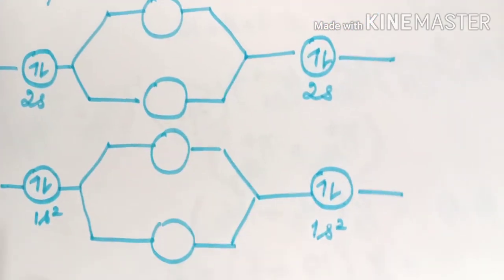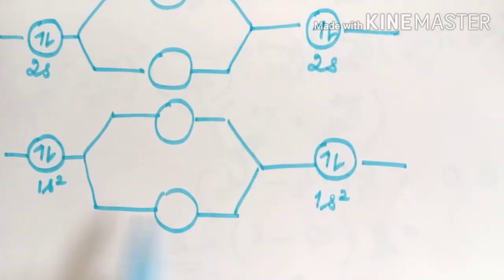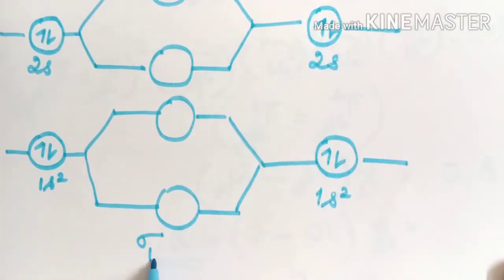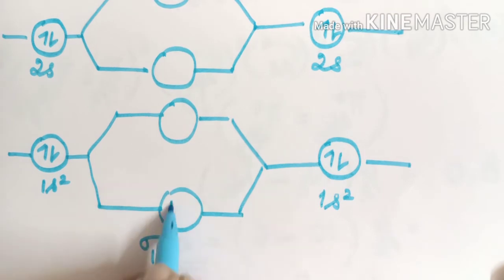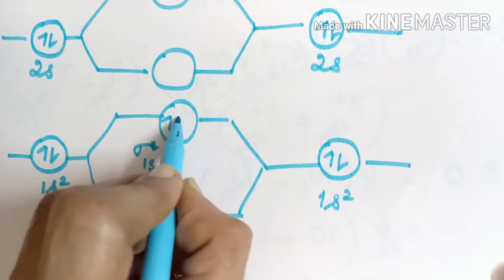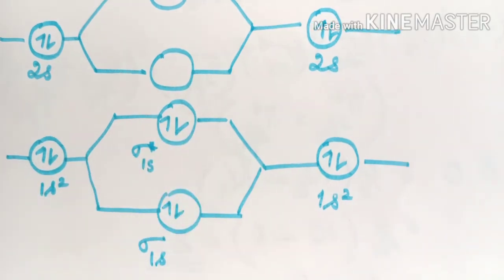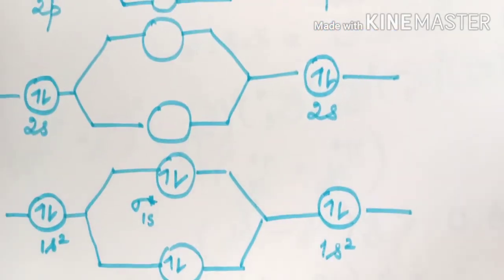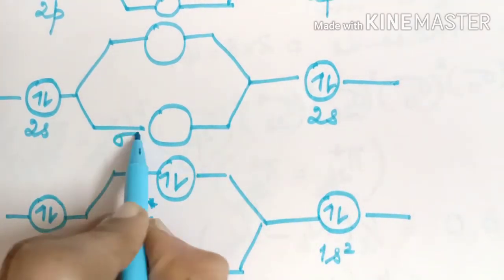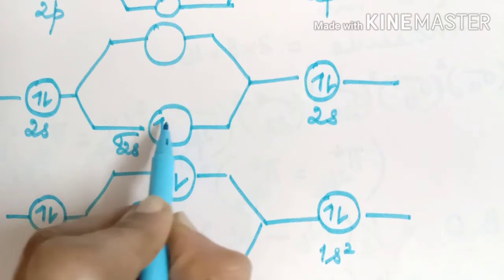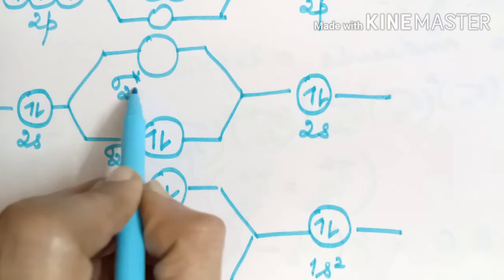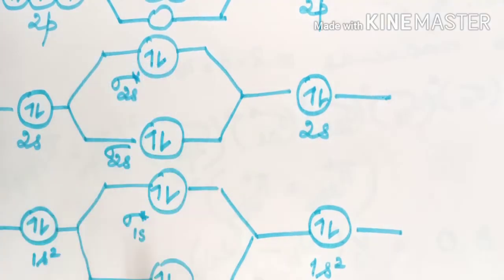Now, 1s and 1s orbitals combine together to form sigma 1s and sigma star 1s2. So those orbitals are completed now. Coming to the next set, we have 2s combining with 2s resulting in sigma 2s orbitals, which will occupy 2 electrons, and sigma star 2s, which is also occupying 2 electrons.